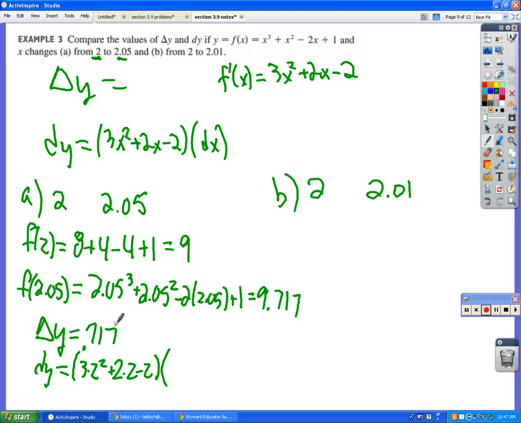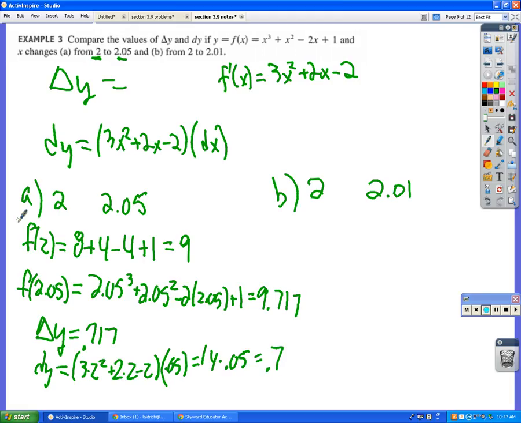So if x changed from 2 to 2.05, the change is 0.05. So this is 4 times 3 is 12, plus 4 is 16, minus 2 is 14. What's 14 times 0.05? Come on, it's an easy one. 0.7.